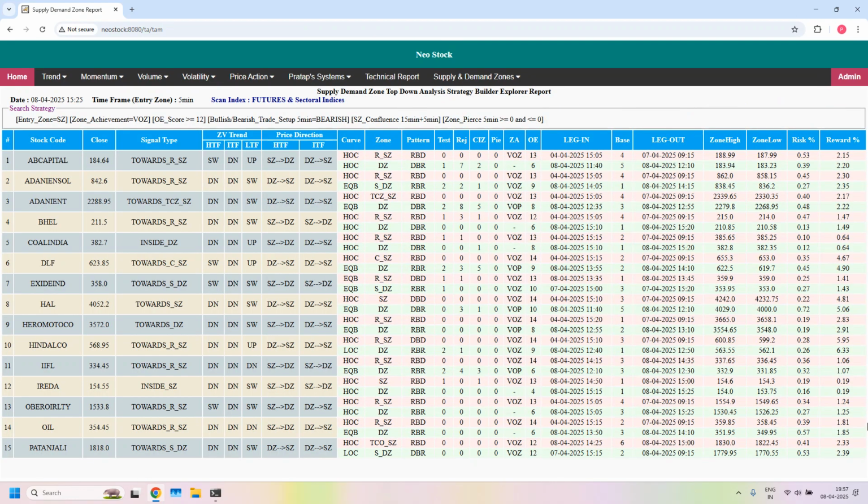Now the list has come down to 15 stocks. In all these 15 stocks, 5 minute supply zones are overlapped with 15 minute supply zones. Because the 15 minutes trend is down, let us check if any of the 15 minute supply zones have daily EMA confluence, then those 5 minute supply zones might have a higher success rate.